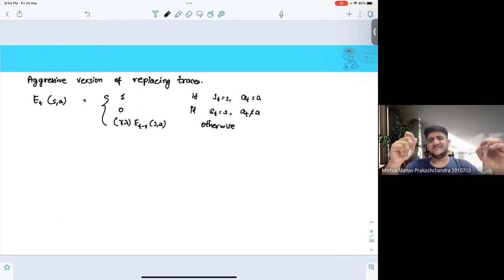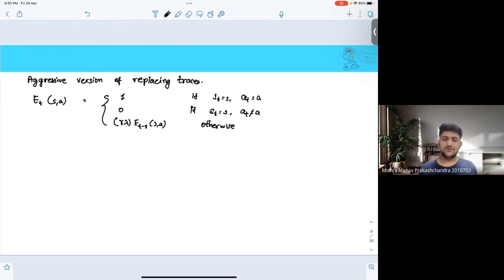If a particular state is visited and the target action is achieved, I get a value of 1. For all other actions which are not the target action, this will get a value of 0. It is replaced by a value of 0. Otherwise, for every other state which is not visited, I have the normal lambda gamma decay over here. Okay, so this is the basic idea.